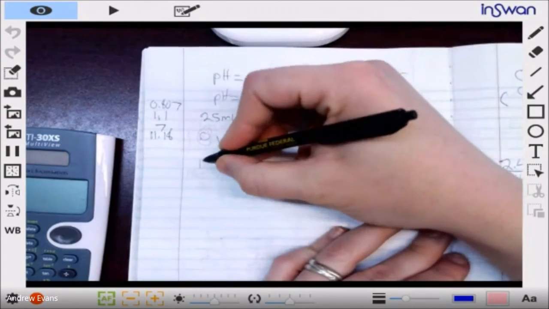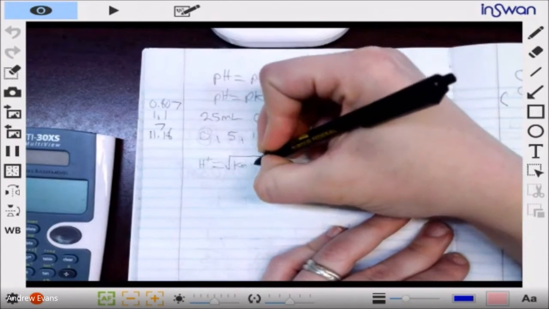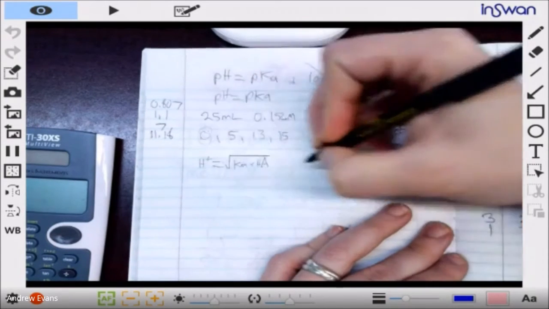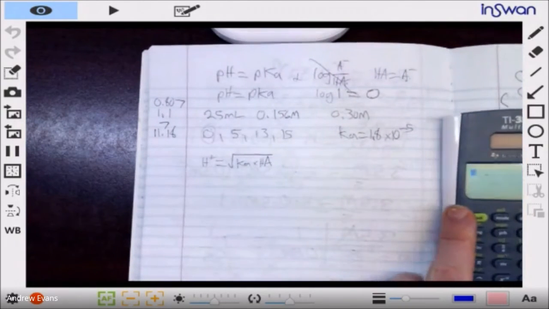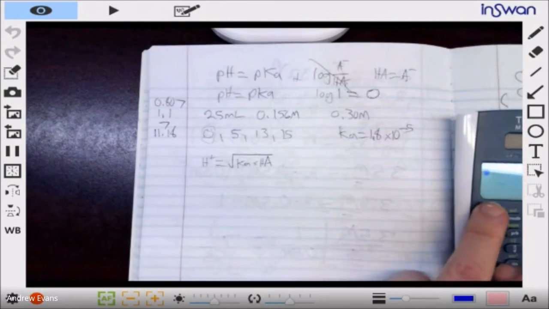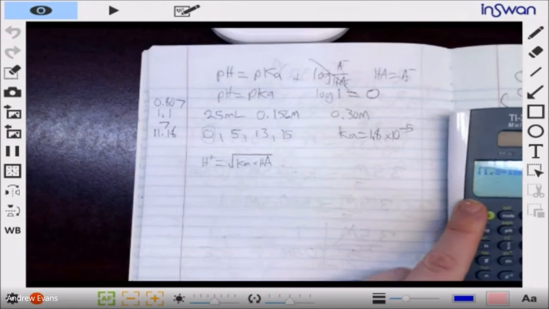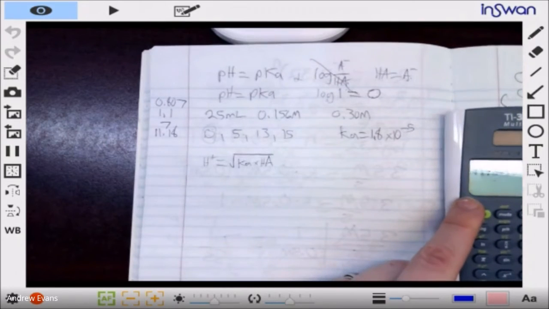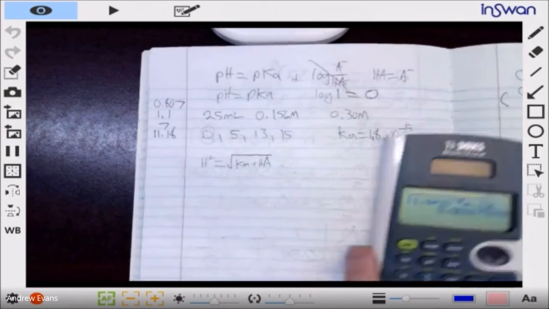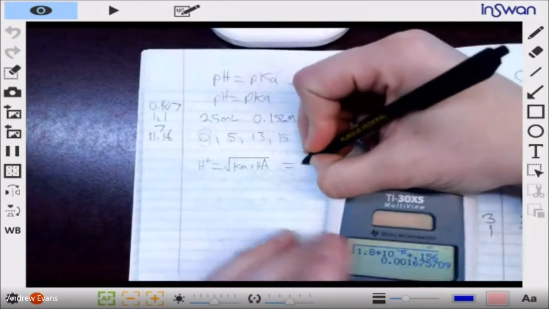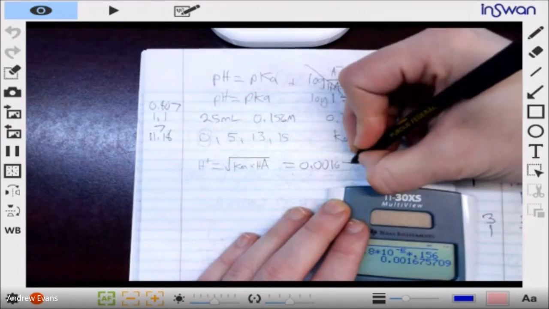Now, at 0, it's just a weak acid. So the amount of H plus is equal to the square root of our Ka times our HA. H plus is the square root of Ka, which is 1.8 times 10 to the negative fifth, times our HA, which is 0.156. So the amount of H plus is just going to be 0.0016, we'll say 76.